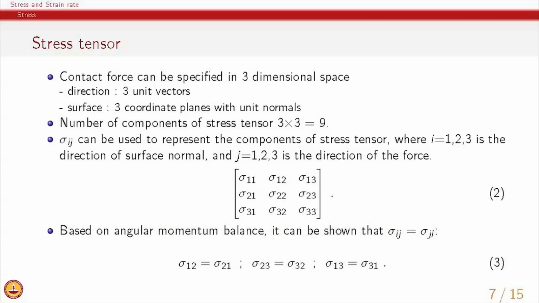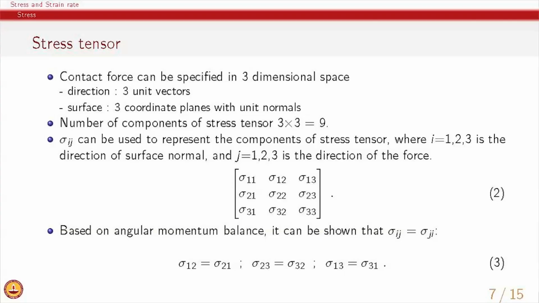In short, we will denote it as sigma ij, where i stands for 1, 2, 3 which is the 3 dimensions. It could be r, theta, phi, it could be r, theta, z in cylindrical coordinates and so on, and j specifies the direction of the force.